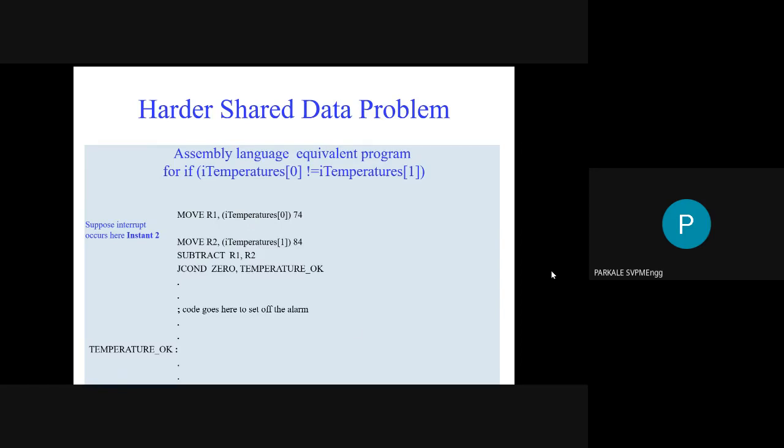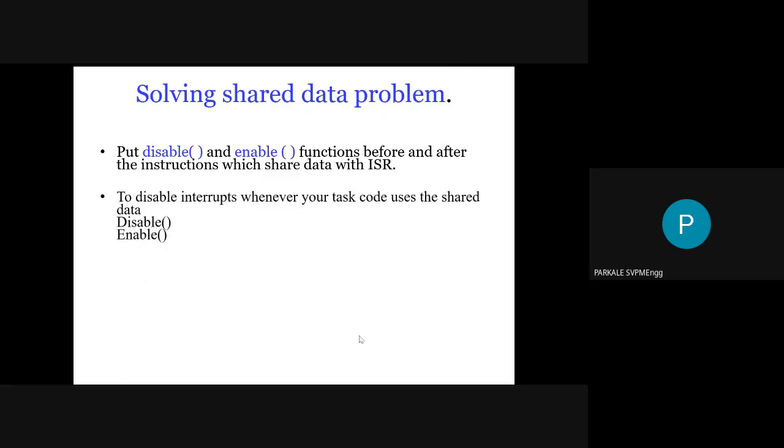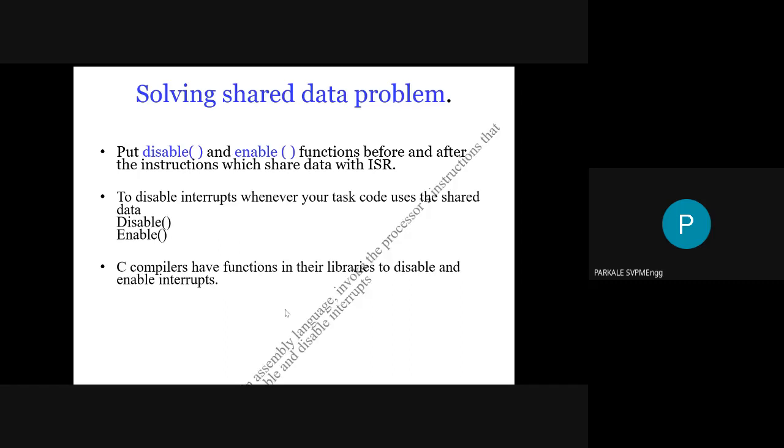You can overcome this problem by using the solutions that we have seen: disabling the interrupts before the use of your shared variables, and after the use of shared variables, enabling your interrupts.